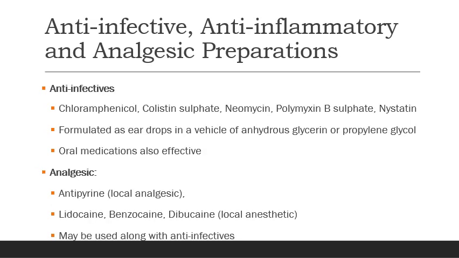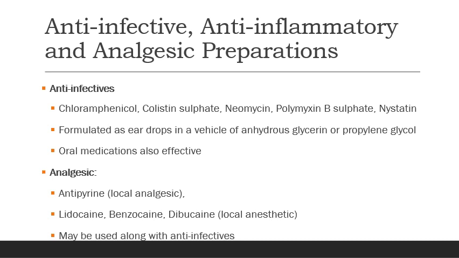The next major category of the ear preparations are the anti-infective, anti-inflammatory and analgesic preparations. The ear might get different types of infections, and because of that the patient may feel pain, or there may be inflammation as well.